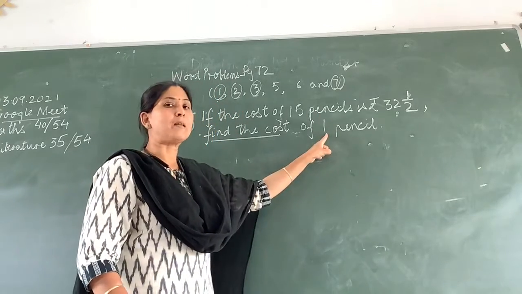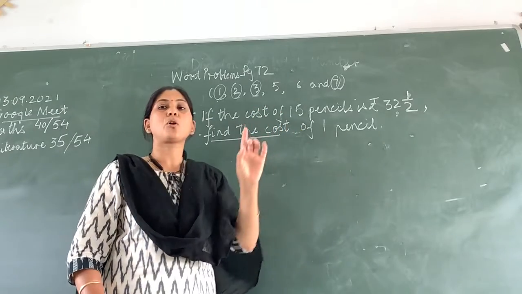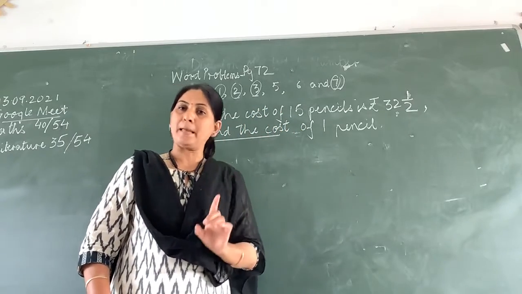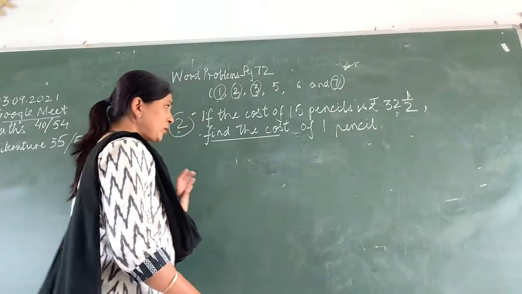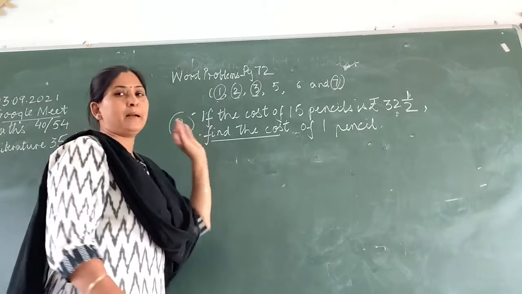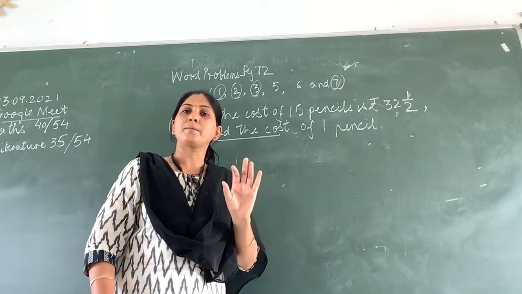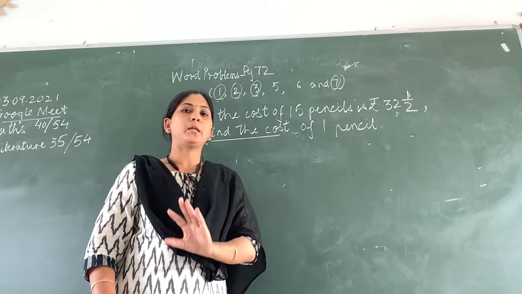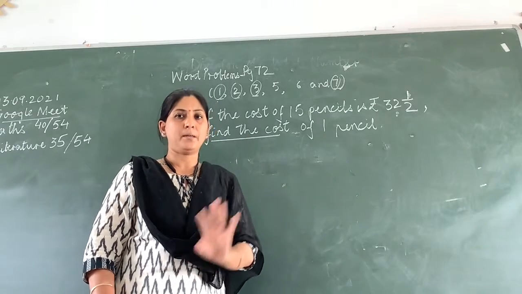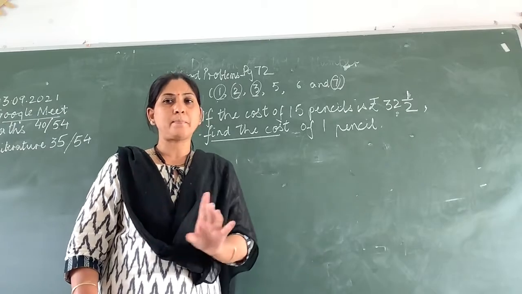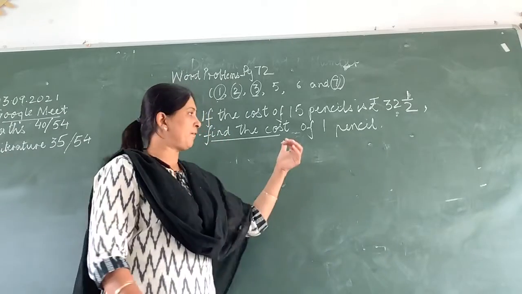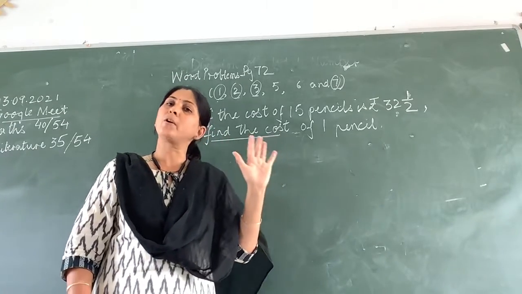Multiplication and division problem sums you can do with headings and save your time. You can also do them with statements, but if you understand how to do it with headings, it will save a lot of time.